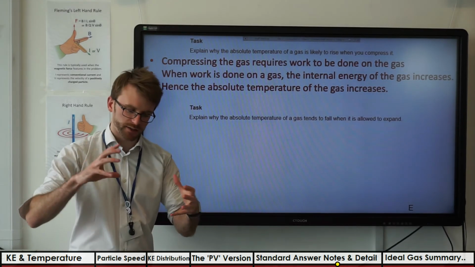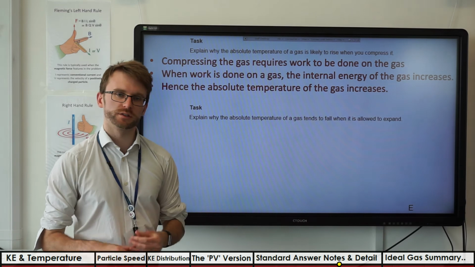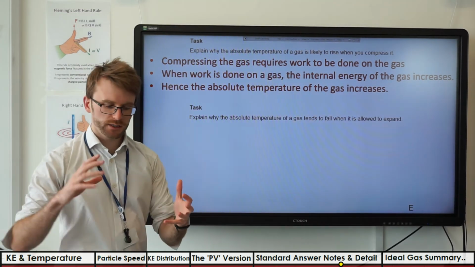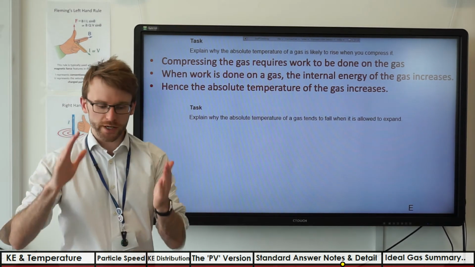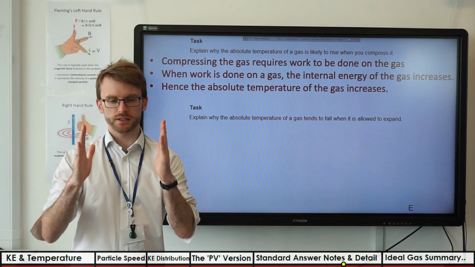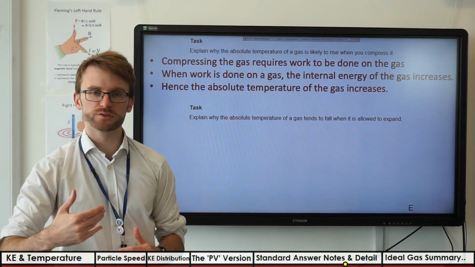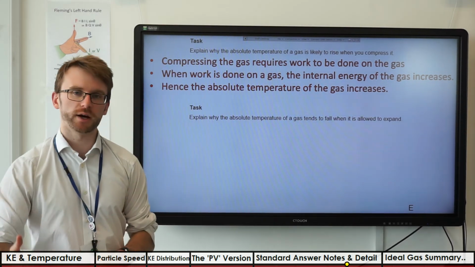So compressing a gas means reducing the volume. Why is it likely that when I do that, the temperature will go up? Well, it's fairly simple. If I compress a gas, I need to do work because there's a pressure acting on the outside of my container. If I want to compress it, I have to provide a force, and that acts over a distance. So work is done when I compress a gas.